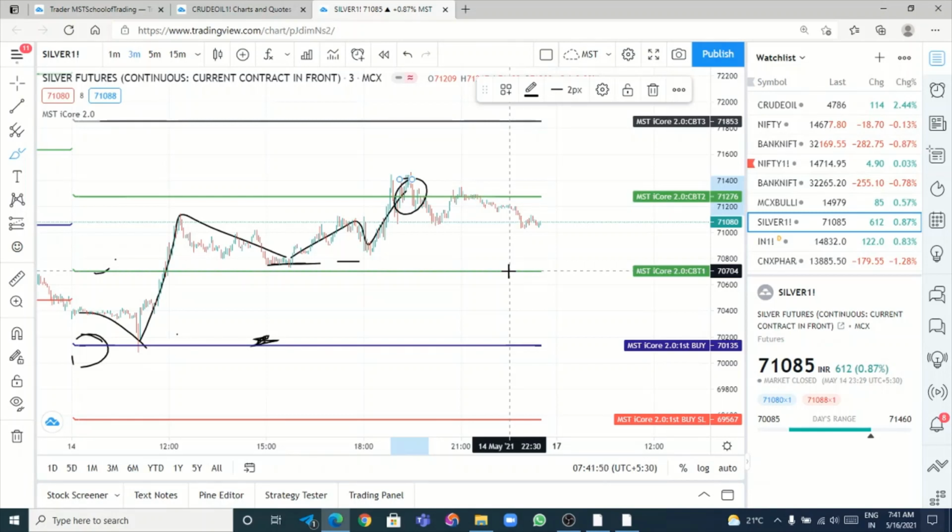Even if you had taken one micro, you could have booked 1,300 points per lot. If you have taken silver, for 1 point it is 30 rupees, then you can calculate the profit. So this is how our strategy works.